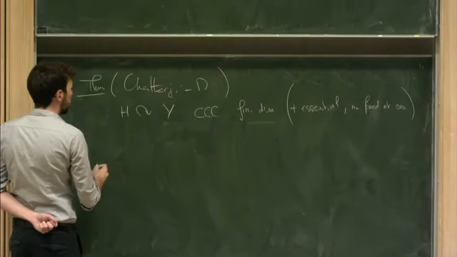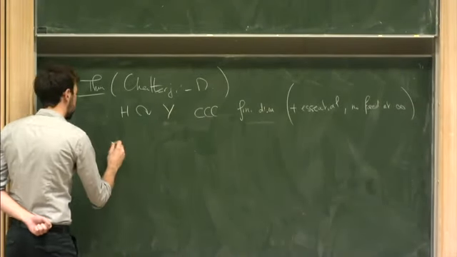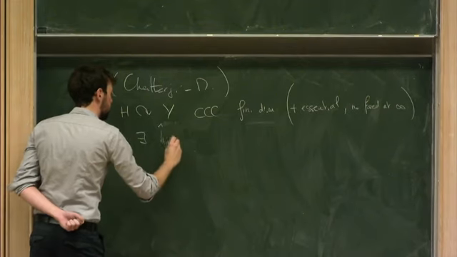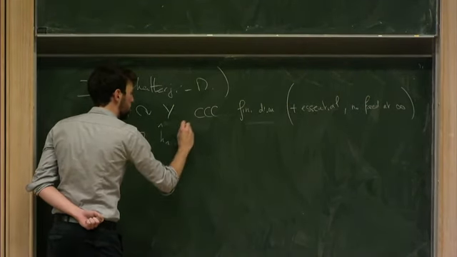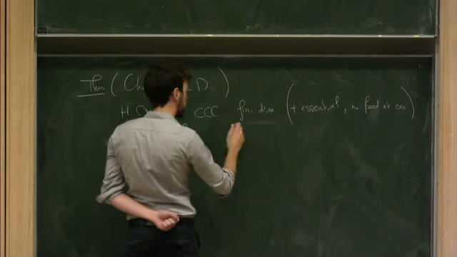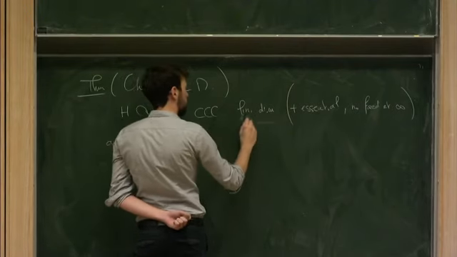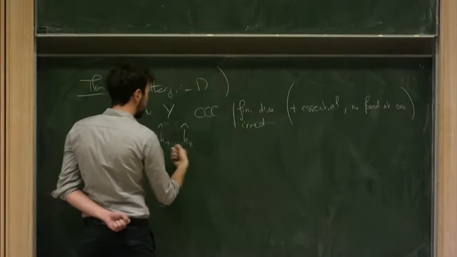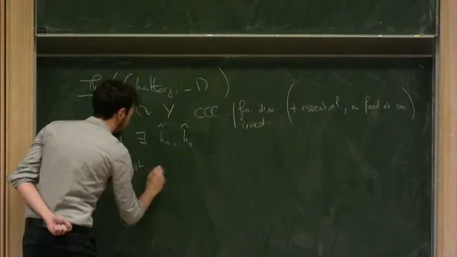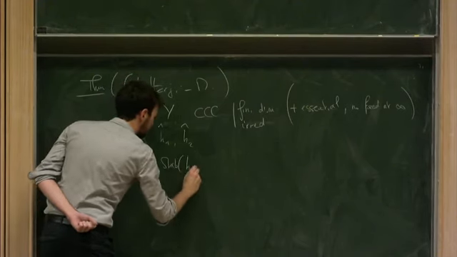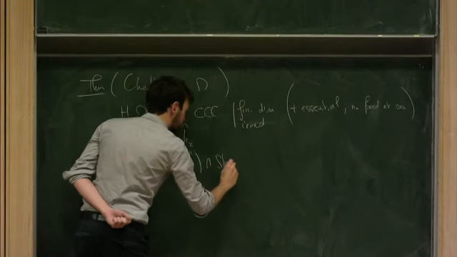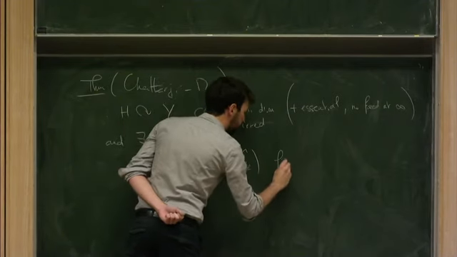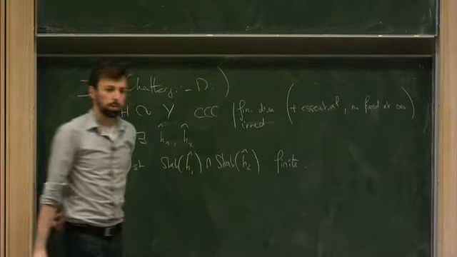And so suppose that in that CAT(0) cube complex, which is finite dimensional and irreducible, you can find two hyperplanes H1 and H2 such that their stabilizers intersect along a finite subgroup.